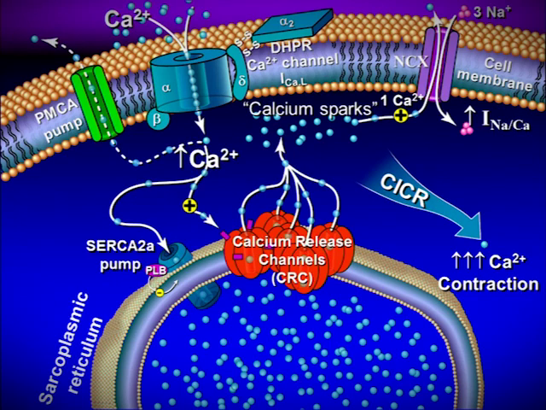And those calcium release channels are also called the ryanodine receptors. The calcium that comes through the L-type calcium channel binds to the ryanodine receptors. That activates the ryanodine receptors so the intracellular warehouse of calcium can come out of the SR in systole, right?